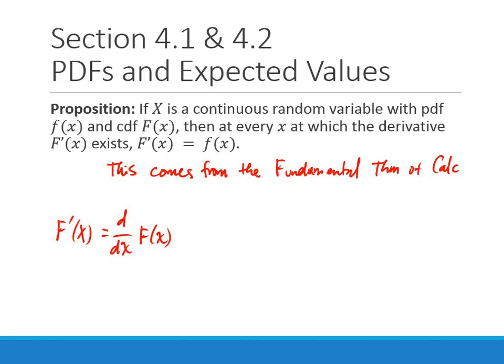We can write down what capital F of x is. This is the integral from negative infinity up to x of our density function. I'm just writing things down, everything by definition so far. And then the fundamental theorem of calculus lets us say that that's equal to the PDF evaluated at x.